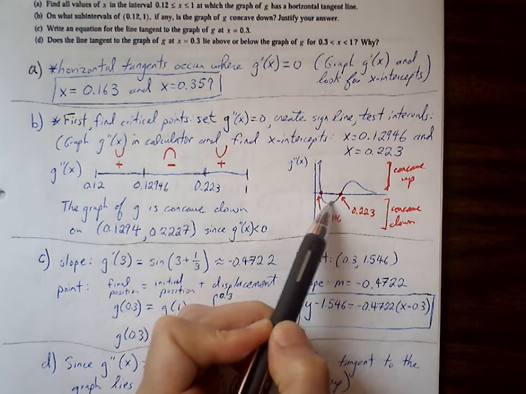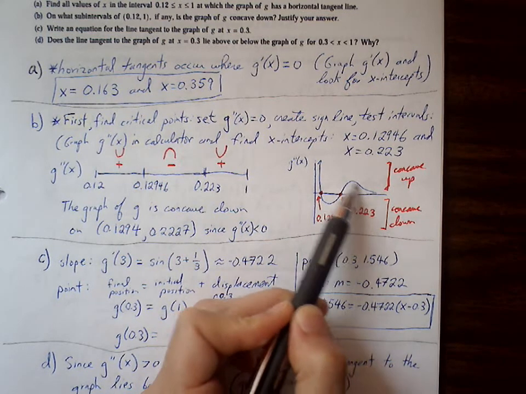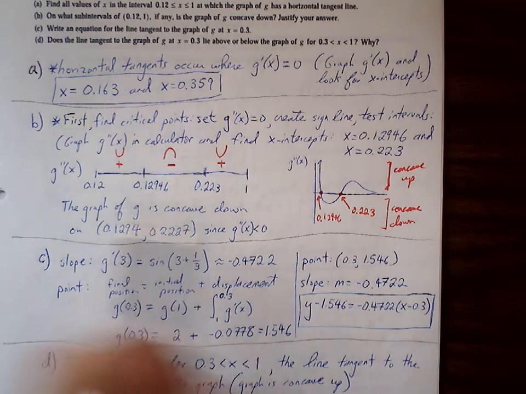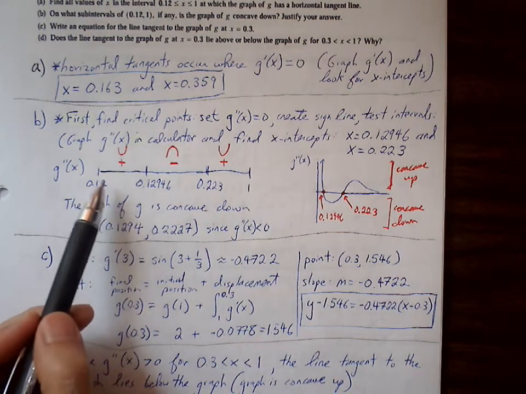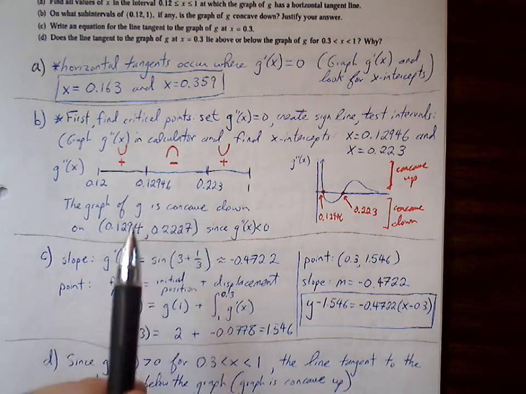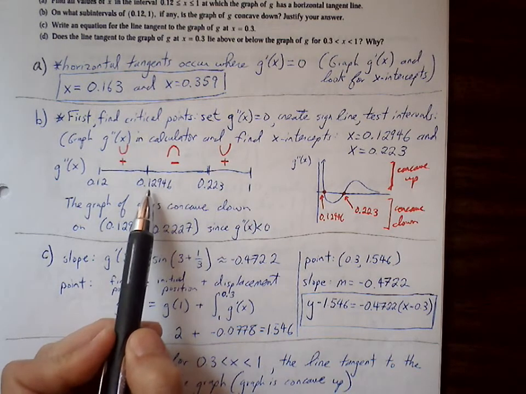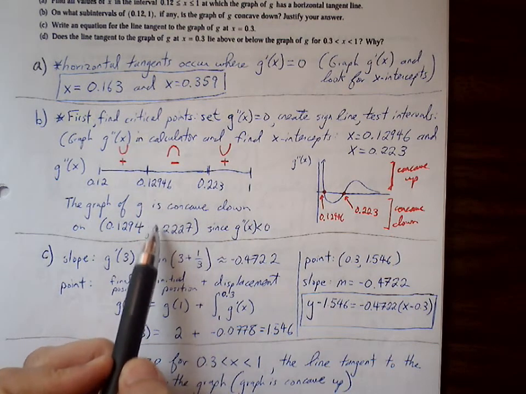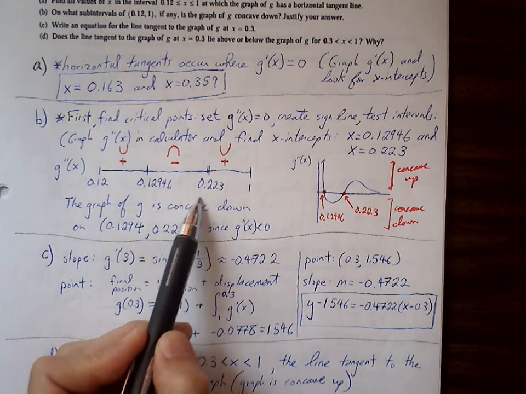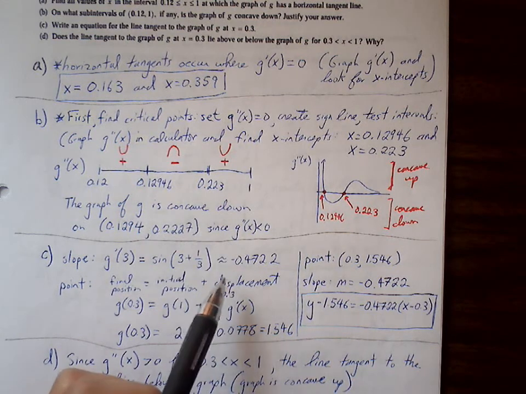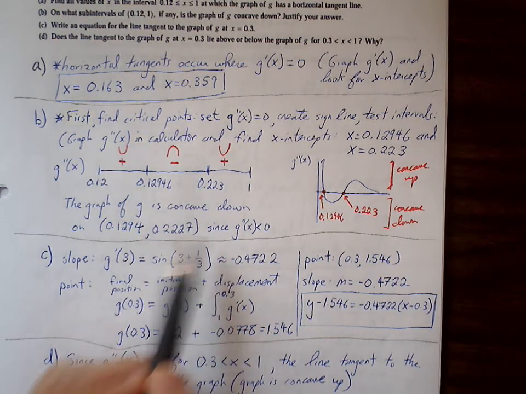Below the x-axis is concave down. Above the x-axis is concave up. So we can create a sign line out of this, and we know that our original graph will be concave down in this middle interval from 0.129 to 0.223, since g double prime is less than 0.